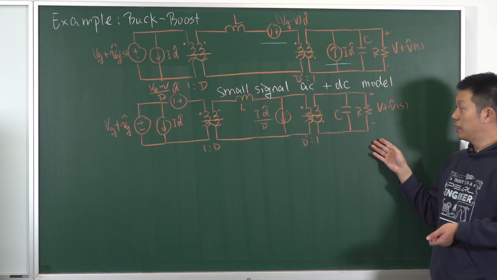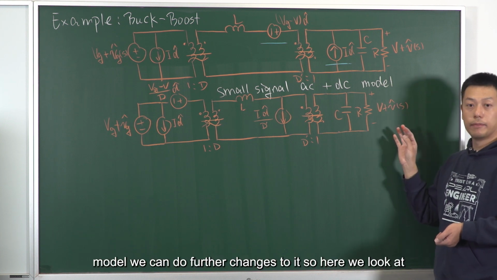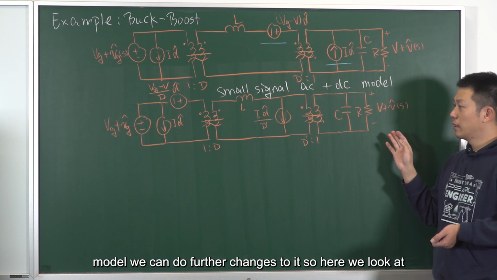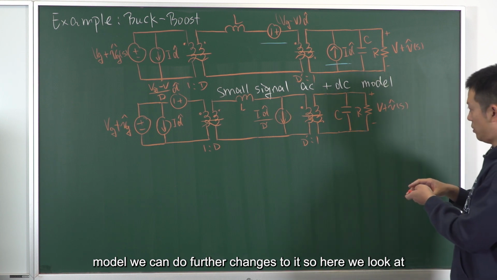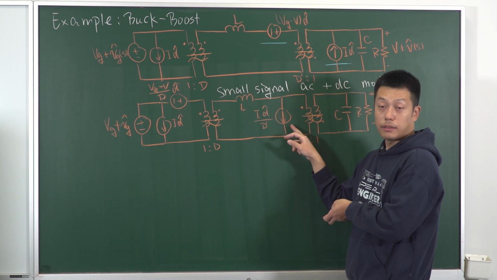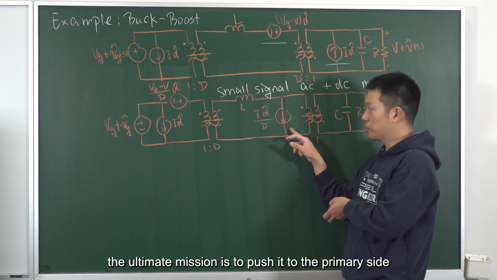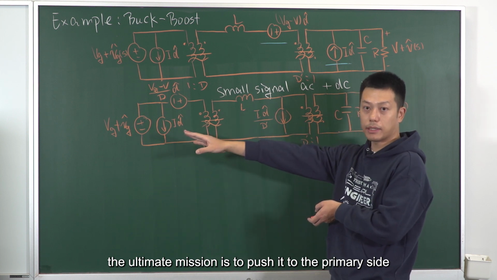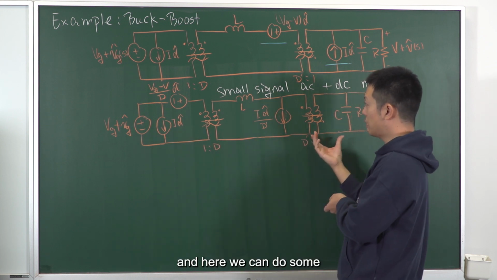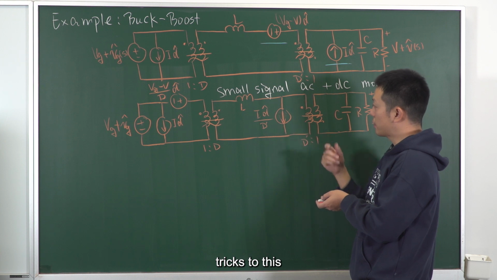Based on this model, we can do further changes to it. Here we look at the current source. The ultimate mission is to push it to the primary side, but here we can do some tricks.